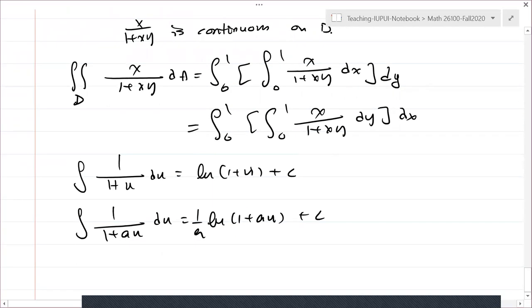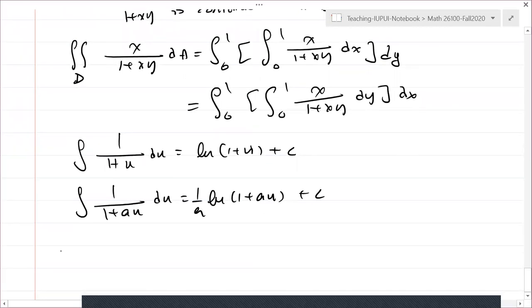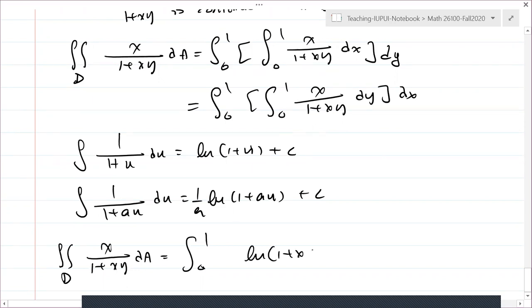So now you view x as a constant, okay? So for this double integral, you can use the second iterative integral. The antiderivative of that function with respect to the y variable is going to be natural log of 1 plus xy, evaluated from 0 to 1, and dx.